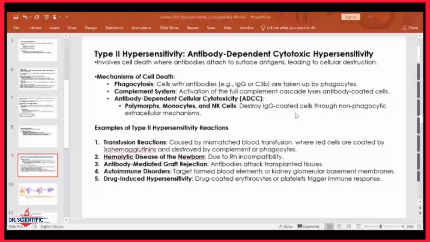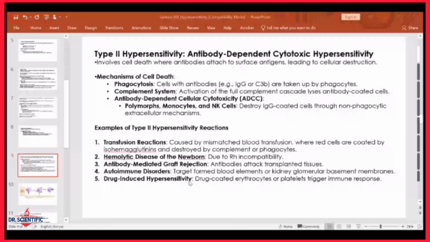If somebody with blood group A is given blood from a different blood group, and you're not a universal recipient, then there will be a mismatch, and this will cause a transfusion reaction. This leads to the death of the red blood cells, because they are coated with IgG and C3b.